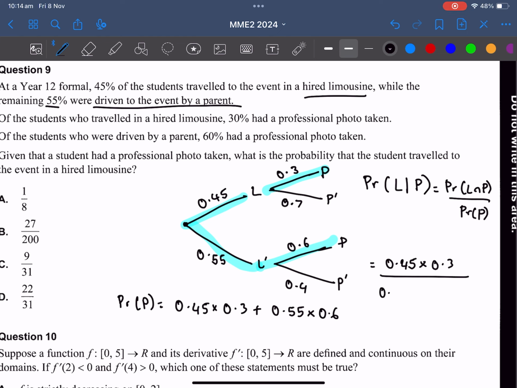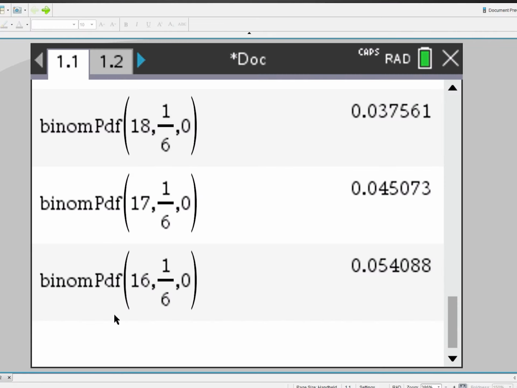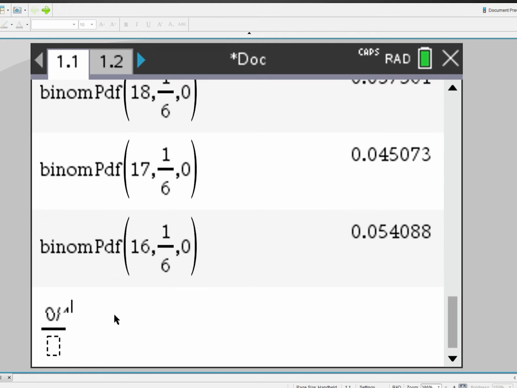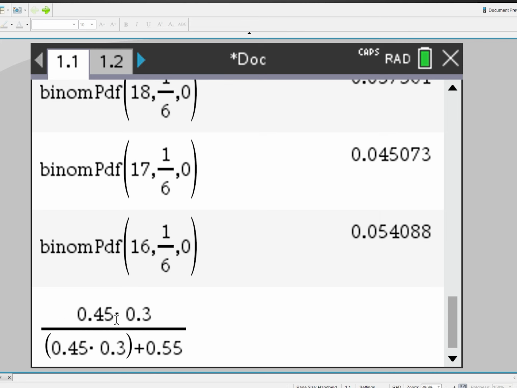Okay, so let us quickly input all of that in the CAS. I'll just quickly write this down: plus 0.55 times 0.6. Okay, let's input this in the CAS real quick and see what the answer has to say. So 0.45 times 0.3 divided by 0.45 times 0.3 plus 0.55 times 0.6.